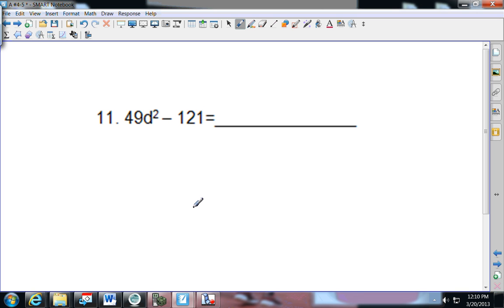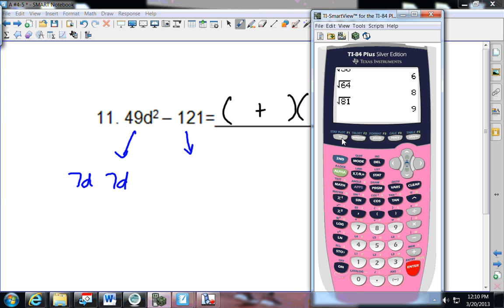Number 11. Again, it's a difference of squares. There's 2 terms with a minus in between it. Well, 49d squared, that splits up as 7d and 7d. 121, again, if you don't know what number multiplies together to give you 121, go second, x squared, 121, and press enter.